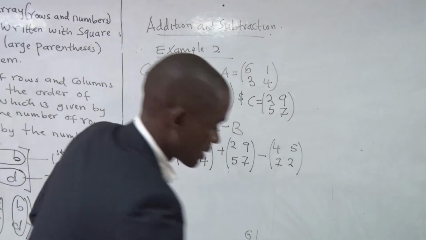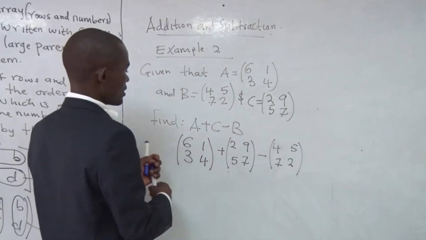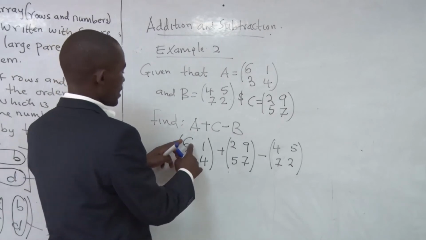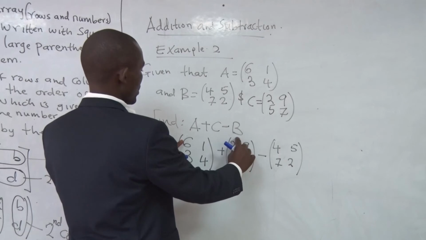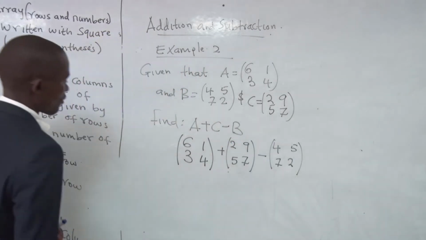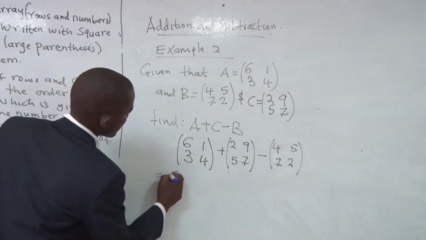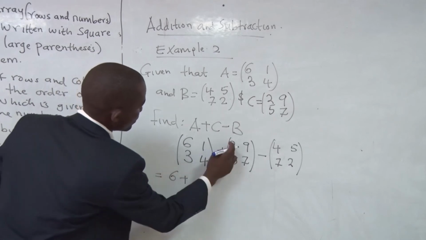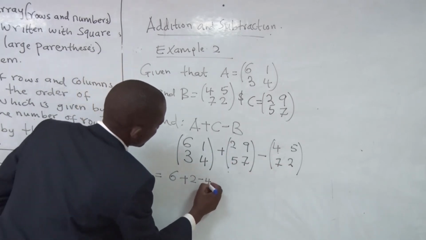So once you have written it in that manner, you will just be taking them the way they are. The first one in the first matrix, with the first one in the second matrix, with the first one in the third matrix. Of course, observing the signs. So this one will be 6 plus 2 minus 4.